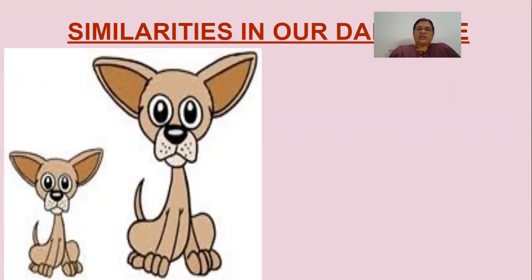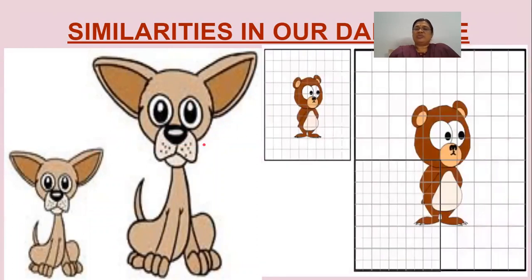In Cartoon Network, we observe this Tom. Look at this big Tom and the small Tom. Both are the same, but their sizes are different. Their shape is the same. This is an animal and this is also an animal. These two are similar.